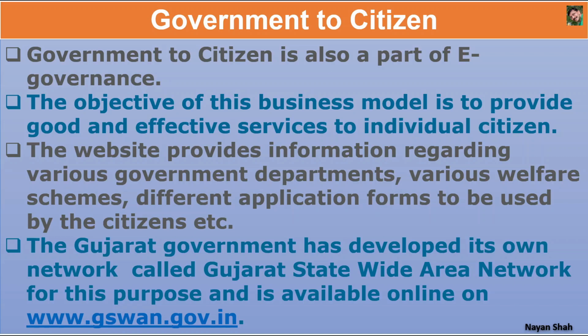So all these websites are G2C. The Gujarat government has developed its own network called the Gujarat State Wide Area Network, in short GSWAN, and it is available online. So that is the Gujarat State Wide Area Network.